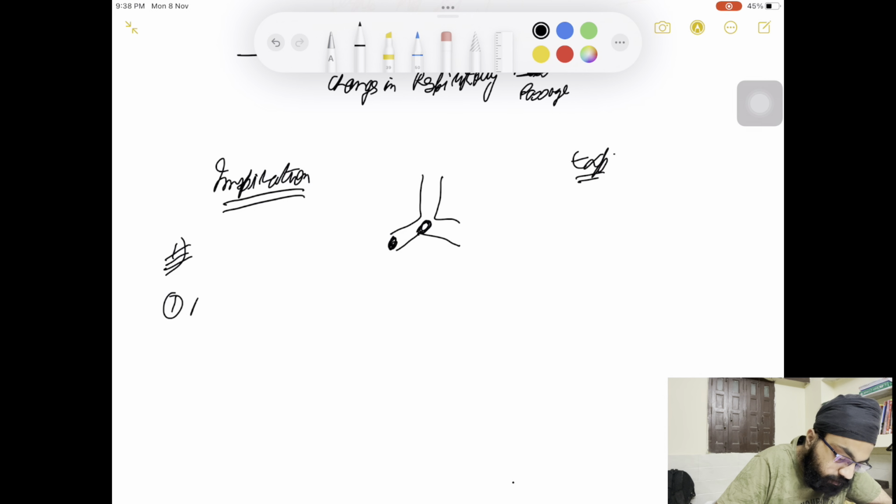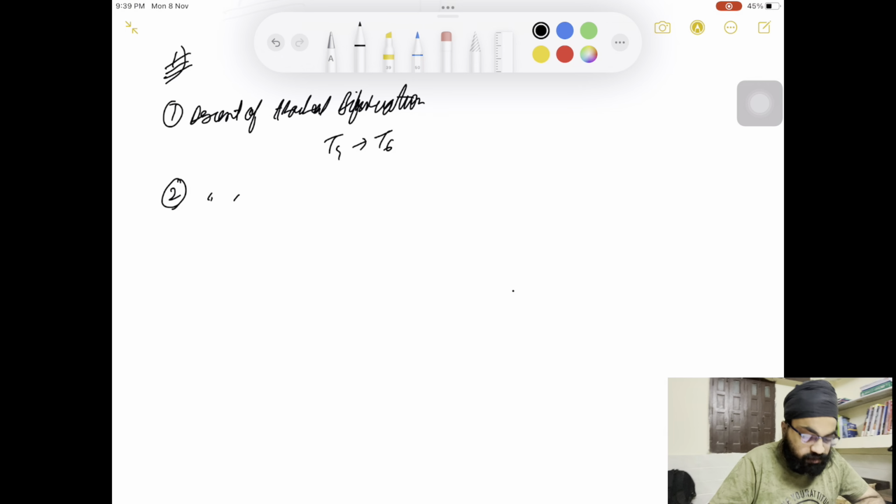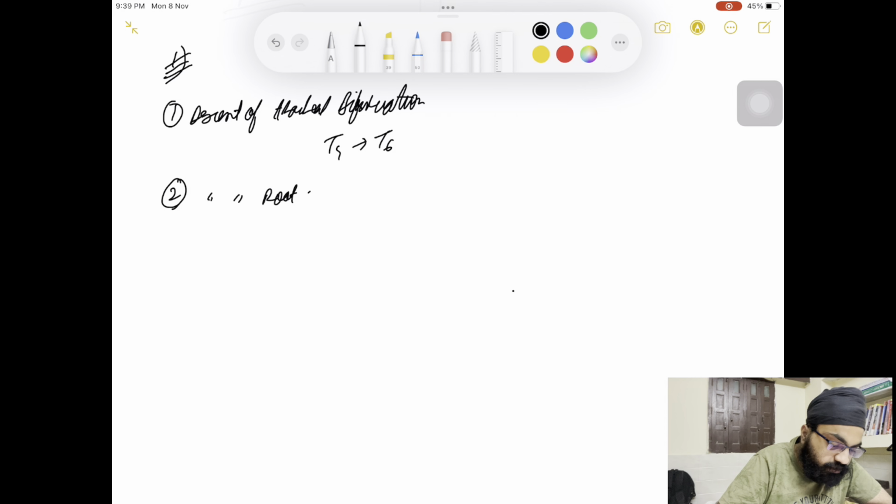So first one, descent of tracheal bifurcation. It usually goes down from T4 to T6. Second one is descent of root of lung.